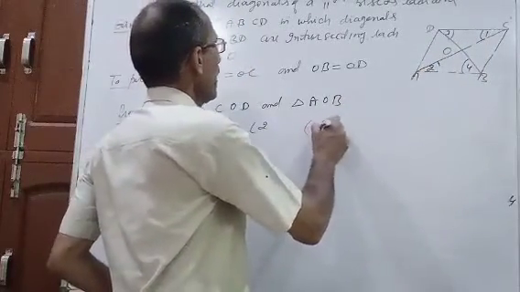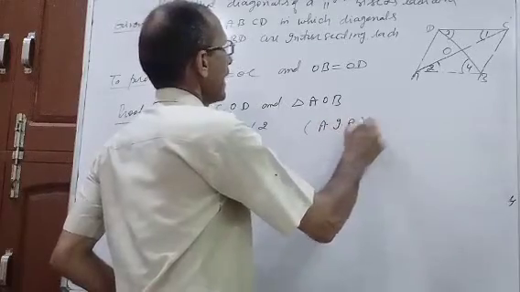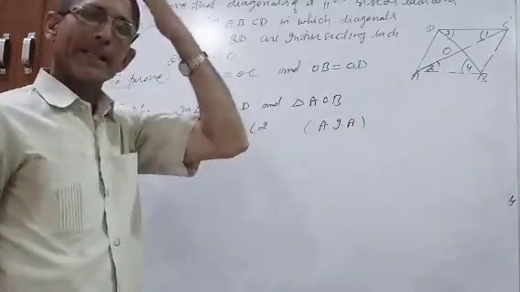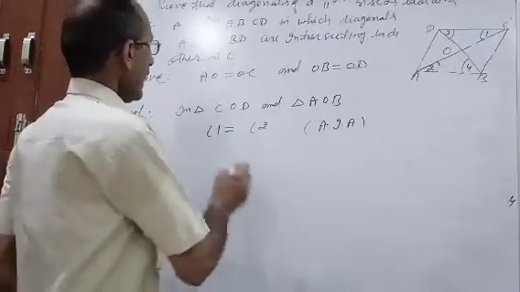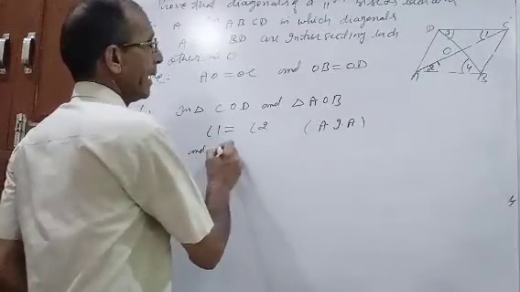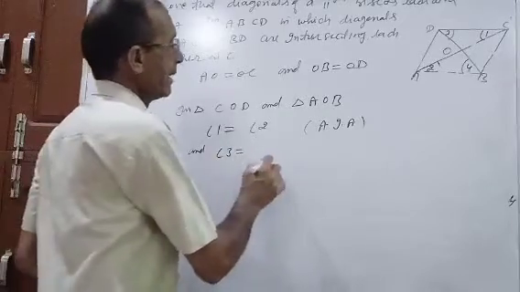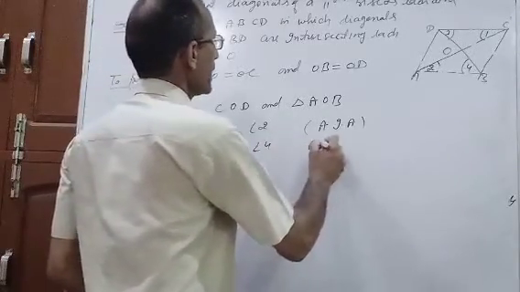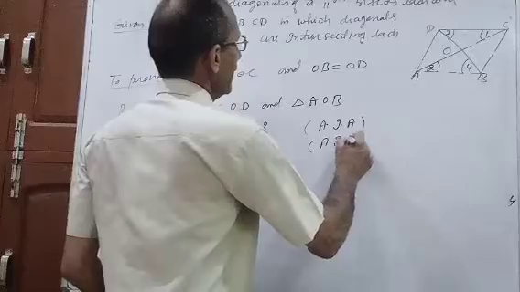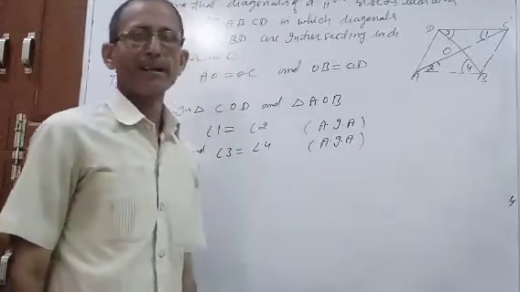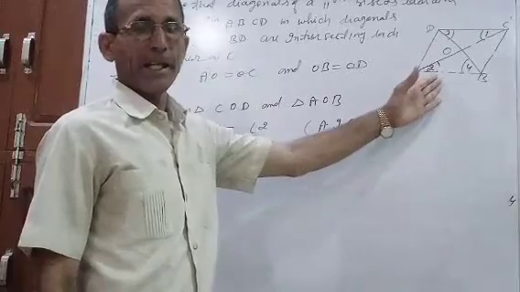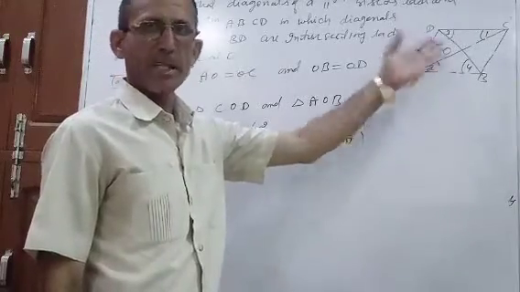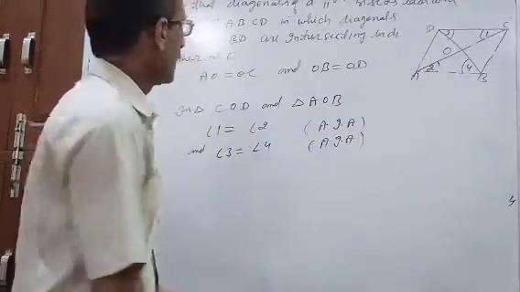Reason you have to give: alternate interior angles. Any doubt, any confusion? And angle 3 is equal to angle 4. Same reason, alternate interior angles. Because this is a parallelogram, and we just proved the theorem: opposite sides of a parallelogram are equal.